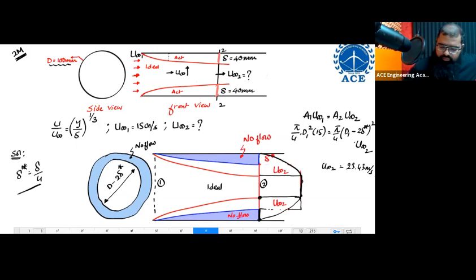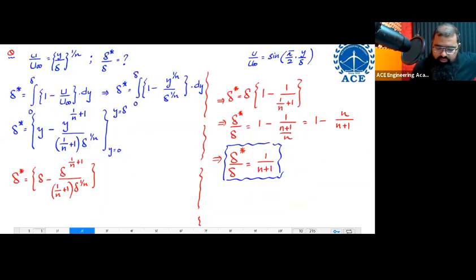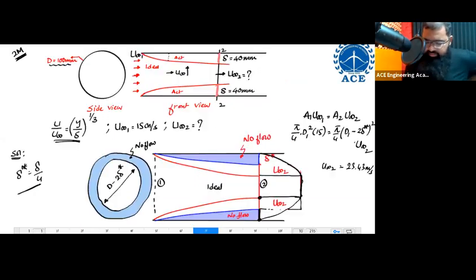Delta by 4, see, I gave this particular velocity profile. For this velocity profile, n is equal to how much? 3. If n is equal to 3, look over here, the value of delta star has to be equal to delta divided by 3 plus 1. That way it is.